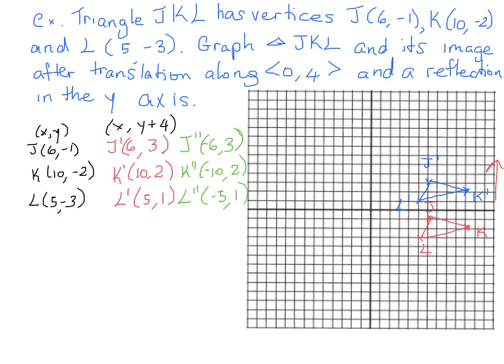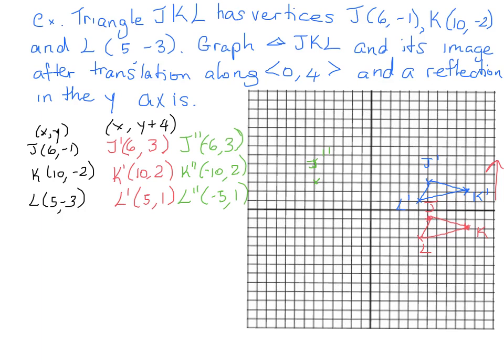All right, so let's see what this did. For J, we have -6, 2, 3, 4, 5, 6, 3. So that is our reflection of J, and it does look like it is equal distance to the y-axis, so that's good. That's J double prime.